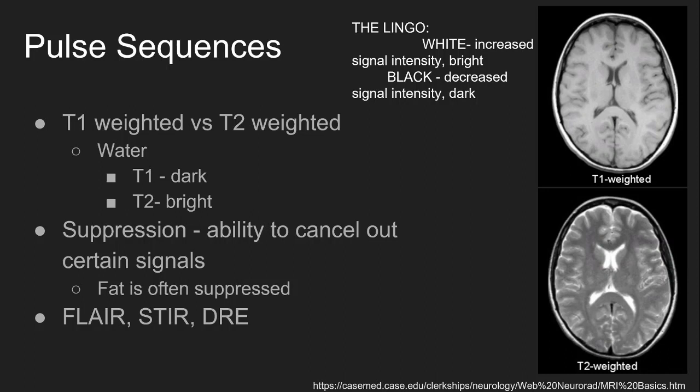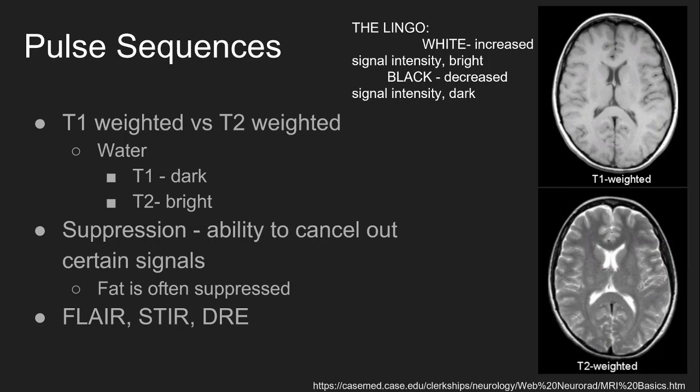On a T1 weighted image, fat, hemorrhage, proteinaceous fluid, melanin, and gadolinium contrast are bright. On a T2 weighted image, fat, water, edema, inflammation, infection, cysts, and hemorrhage are bright. Of note, certain signals can be suppressed or canceled out with post-image processing. As an example, fat is often suppressed.